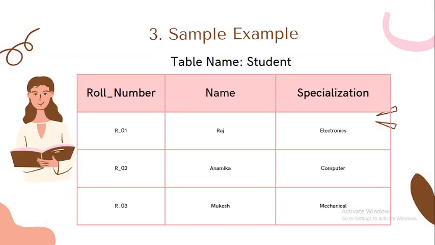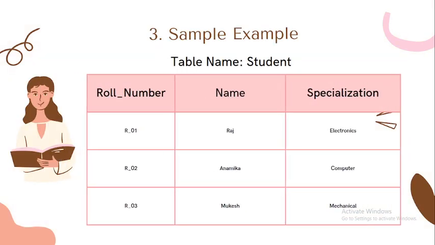Let's see one sample example here. Suppose we have a table where the name of the table is student, and it has 3 column names: roll number, name and specialization. So here we have 3 columns. Against these 3 columns, 3 records are inserted.